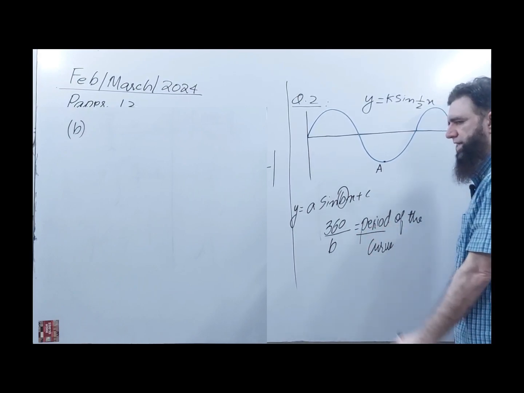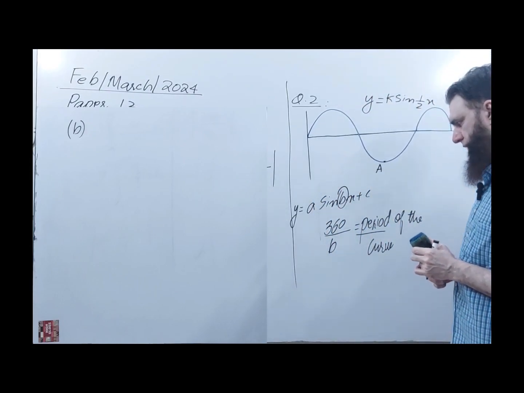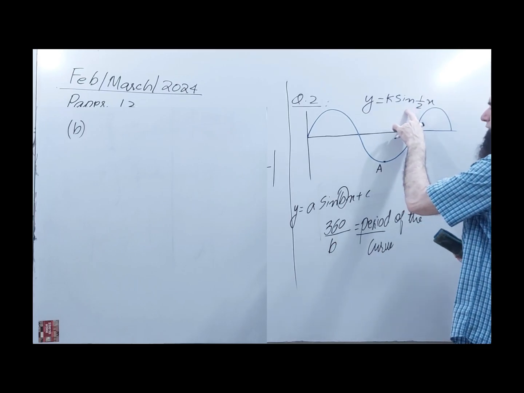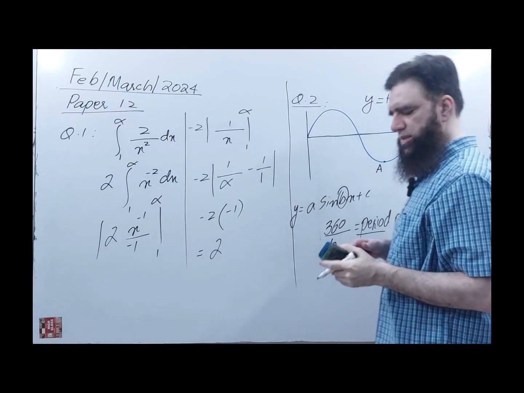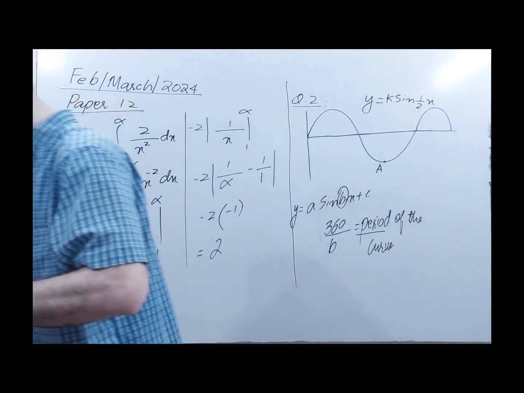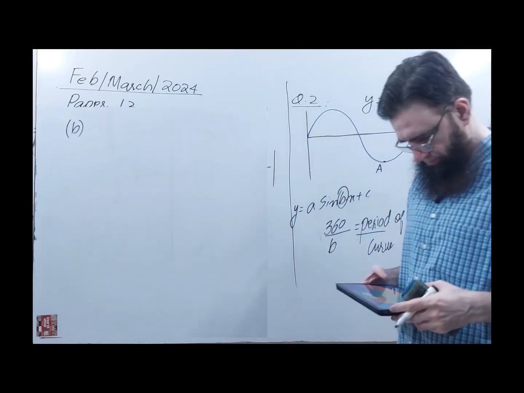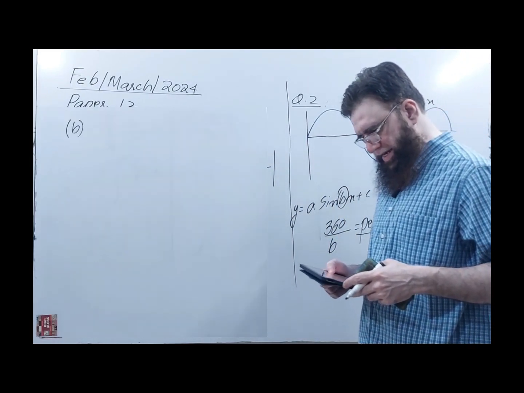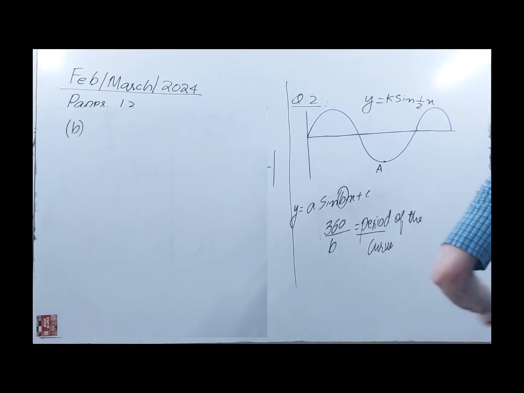Again, the period is the angle in which one wave of the curve finishes. The normal period is 360. So what is the period of this curve? This is given in the question, that x is measured in radians.